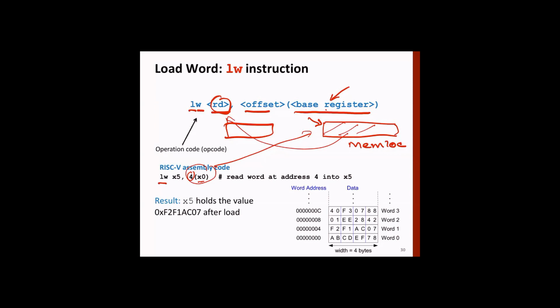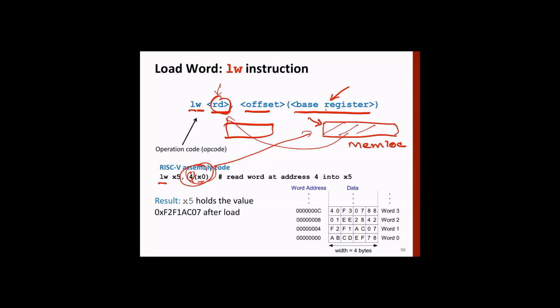Okay, so there is a concept of a base register here. You will have to read that value and add to that this offset. Then this total summation gives the location from where you have to bring the word to this destination register.